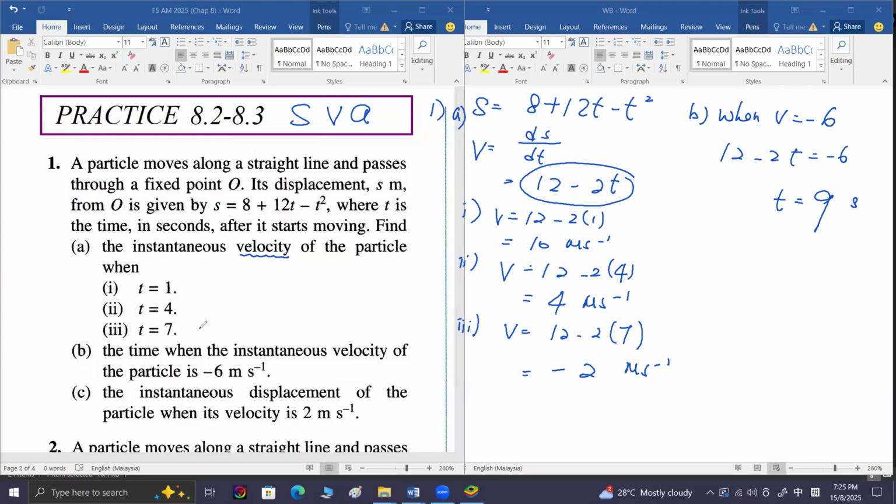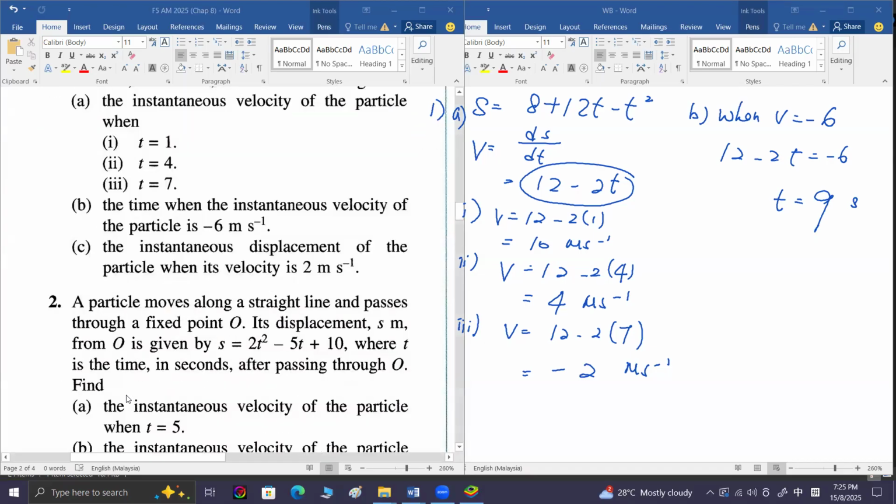And, okay, continue, we have a look. The instantaneous displacement of the particle when V is 2. This means what, you know, class? When V is 2, you find the t. When you get t, you substitute into S. That's what I mean, find displacement when V is 2.